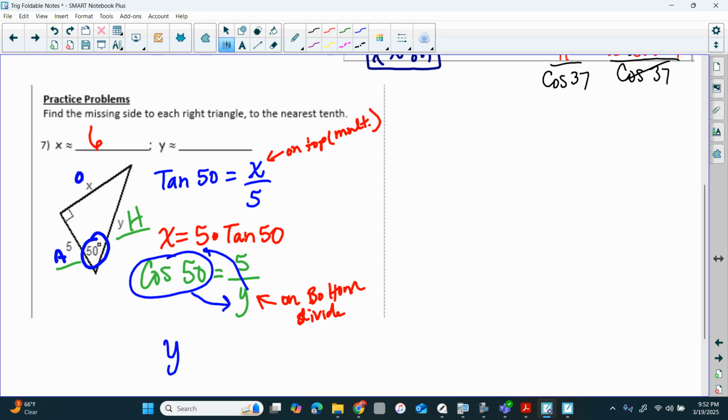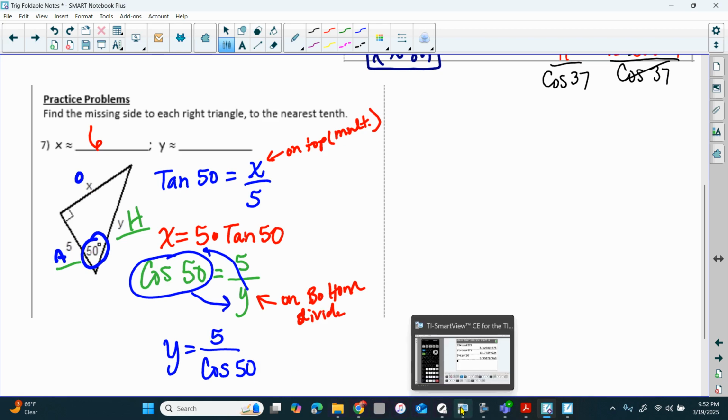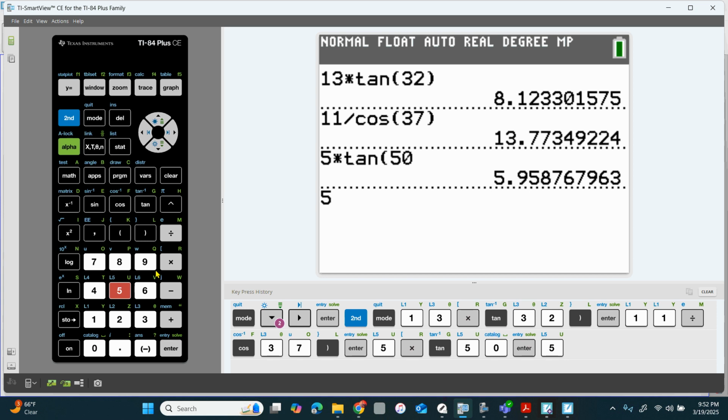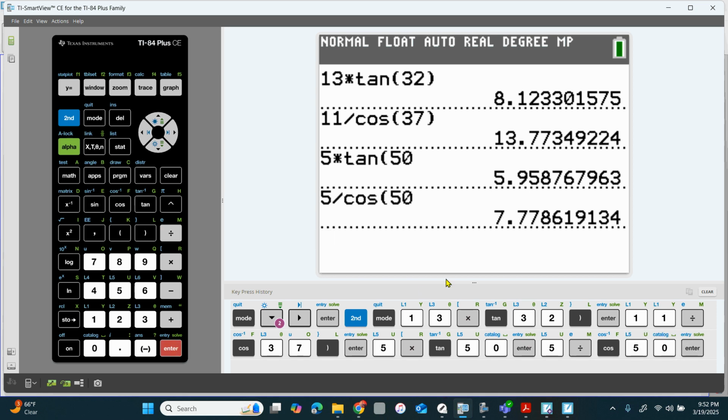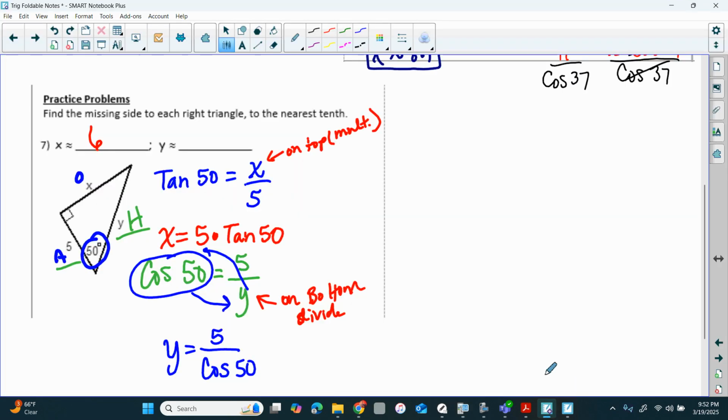So this is y equals 5 divided by the cosine of 50. Okay. And now we're putting that in the calculator. So practice doing that, guys. 5 divided by the cosine of 50. And we get 7.8. Okay. This is approximately 7.8.